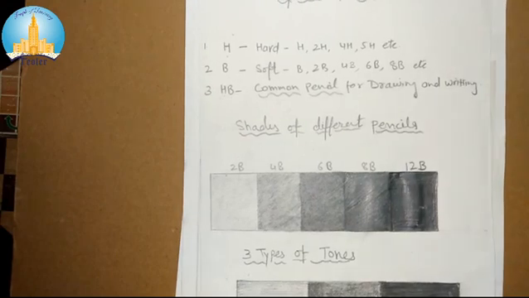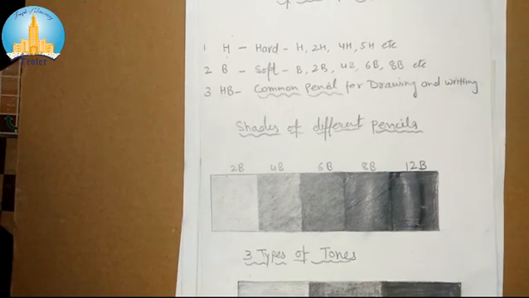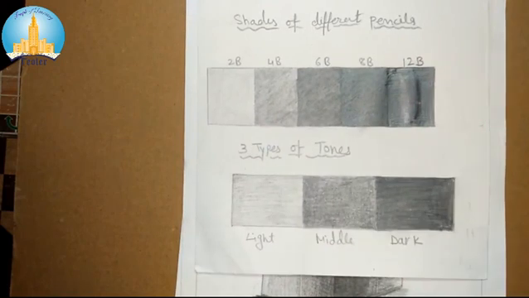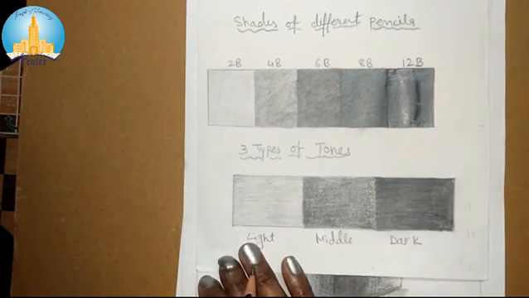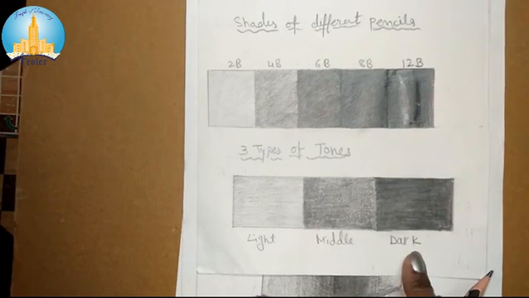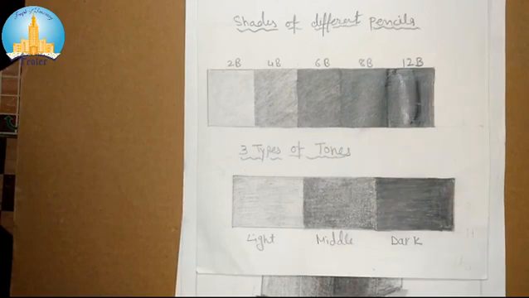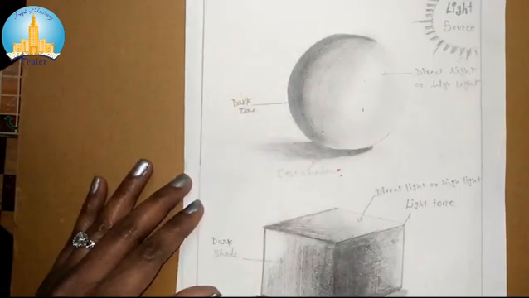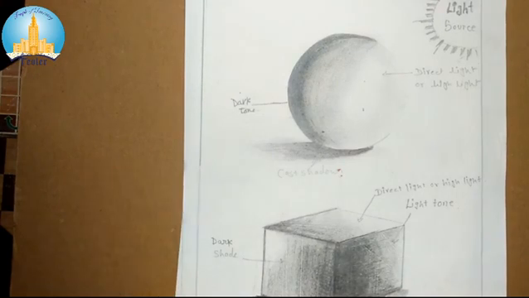Okay, so start with three types of tones. There are three types of tones we have: light tone, middle tone and dark tone. These tones will be visible when we observe the light very carefully. Yes, here. So can you see?